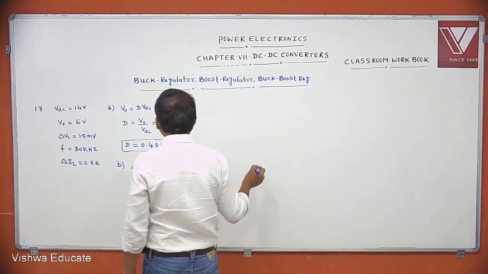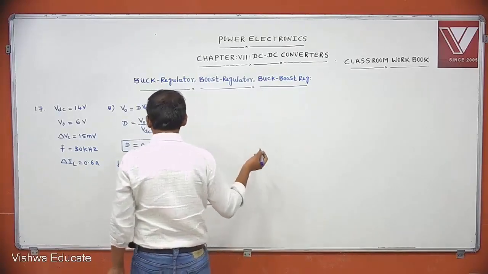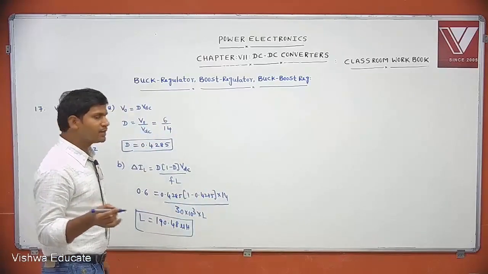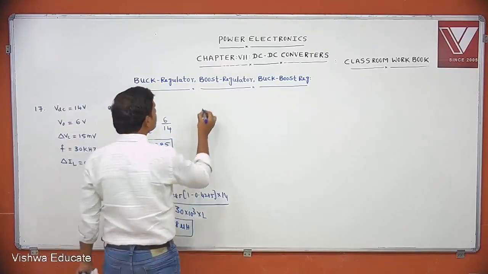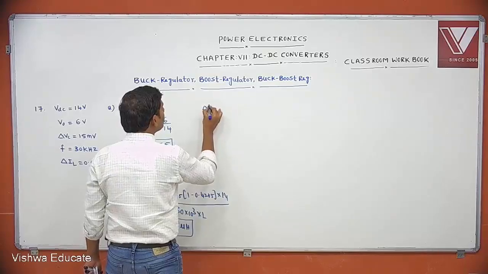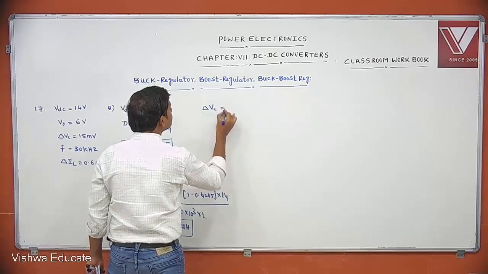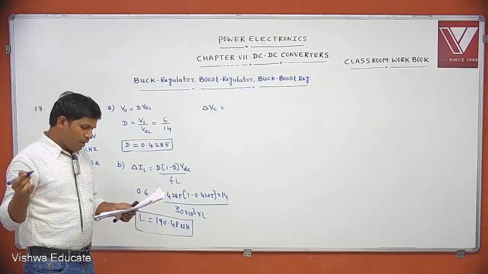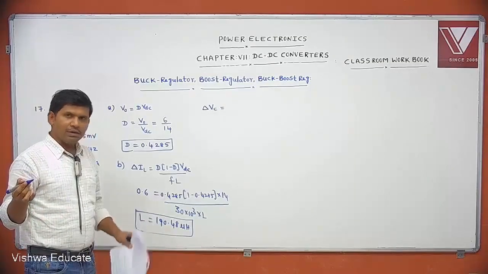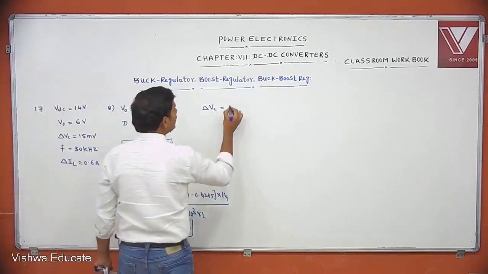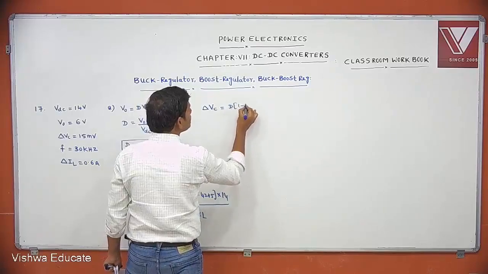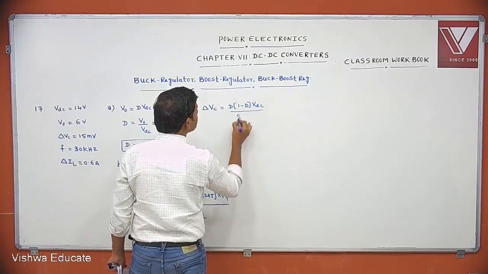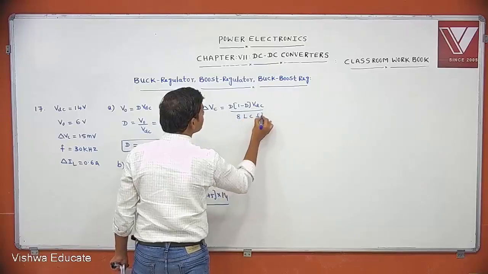Then you also calculate the filter capacitor. To calculate it, you define delta Vc. You know the formula: delta Vc equal to D into 1 minus D into Vdc by 8 L C F square.